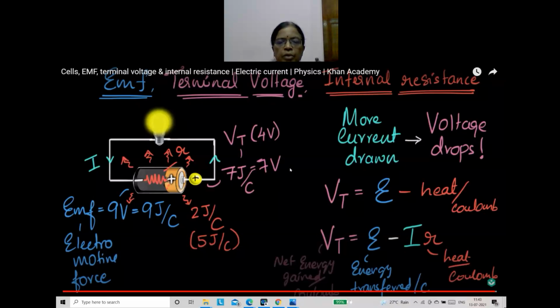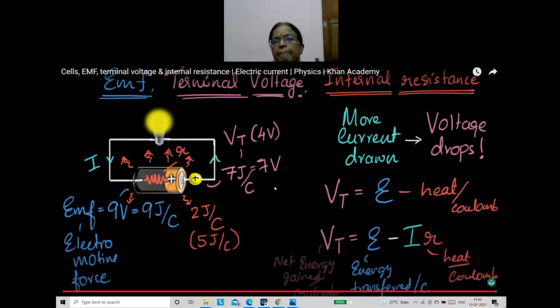So now we got the relation: EMF minus I into R, the potential drop across the cell. That is the terminal potential difference. So we got a very important relation: terminal voltage V_T, or simply V, is equal to EMF minus IR.